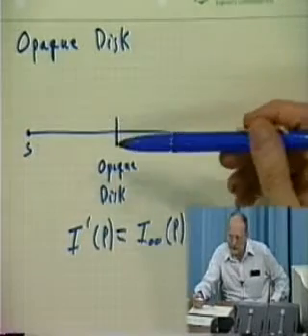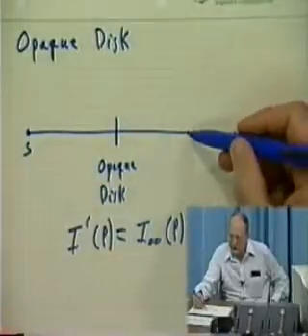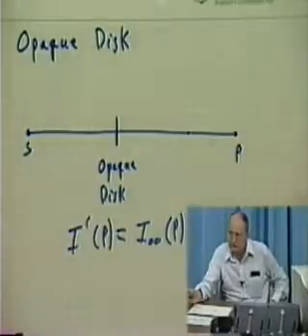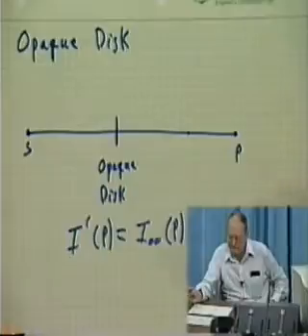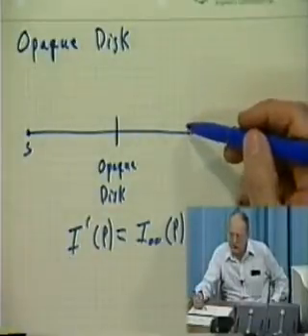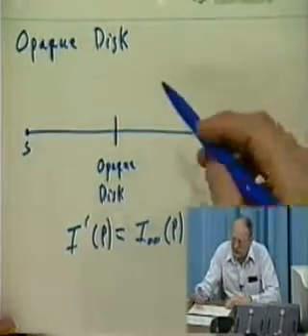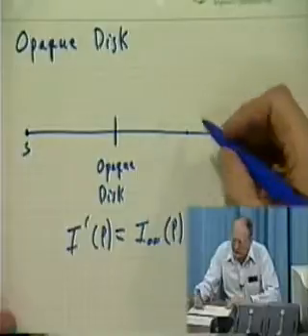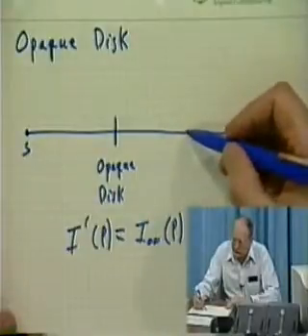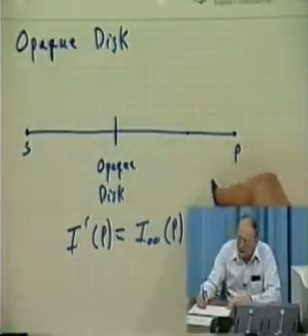If we increase the size of the disk, remember we saw that the irradiance right on axis did not change a bit. Okay? If we move off axis slightly, the irradiance will change very fast as we increase the size of the disk. And as the disk becomes larger, the total amount of energy contained in this direct diffraction spot will decrease, but the irradiance right on axis remains fixed.